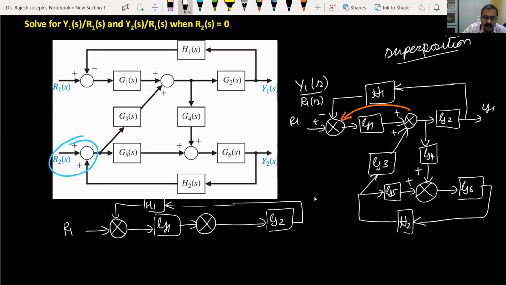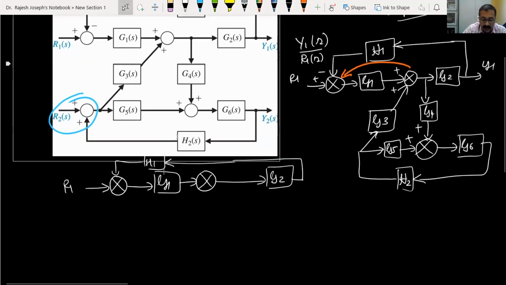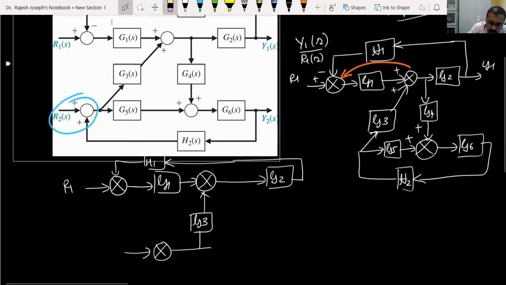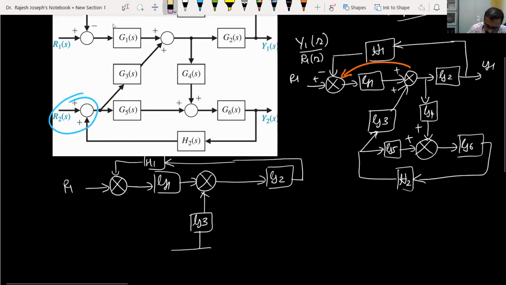This is H1, right? Then what are the other things? From here we have G3, right? Then this is R2. Oh, this is R1, right? So that will not be there. This thing is not there.